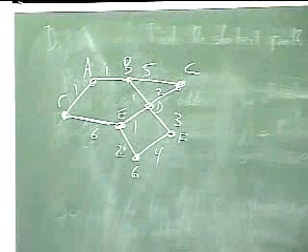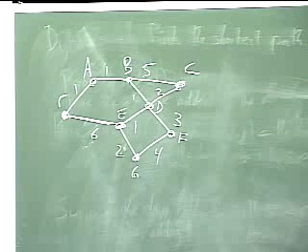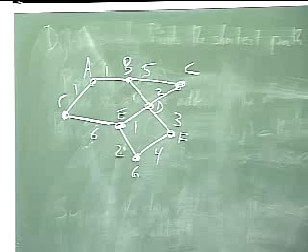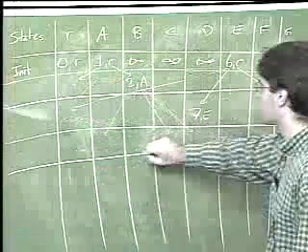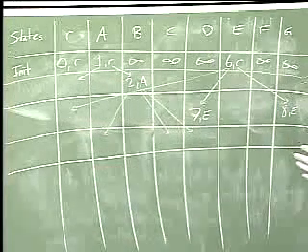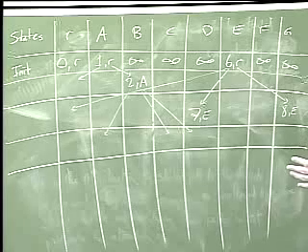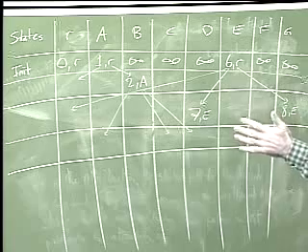Okay, now suppose B updated its information. Whenever your information is updated, you have to let your neighbors know. So B's neighbors are D, C, and A. Okay? A is not going to get any closer. It's not going to change. C, B is claiming to be distance 2 away.